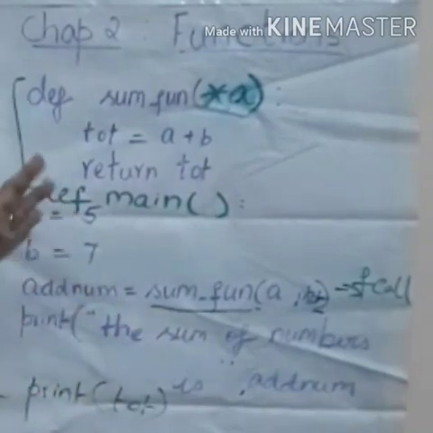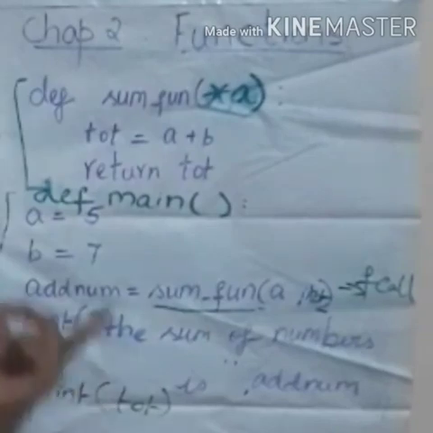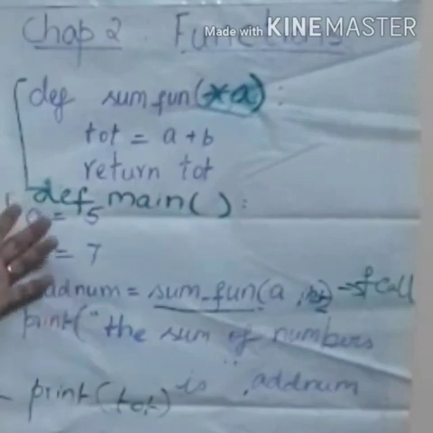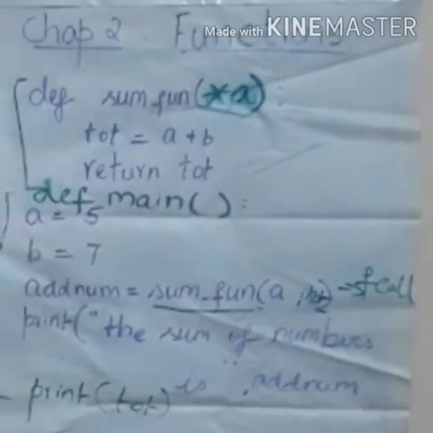So that means to say tot is a local variable. Global variables are the ones which you define in your main program. So I hope I have made it clear, that is related to global variables and local variables.